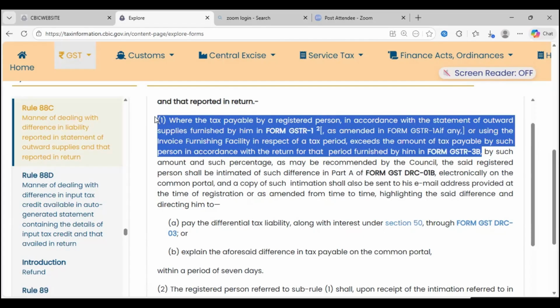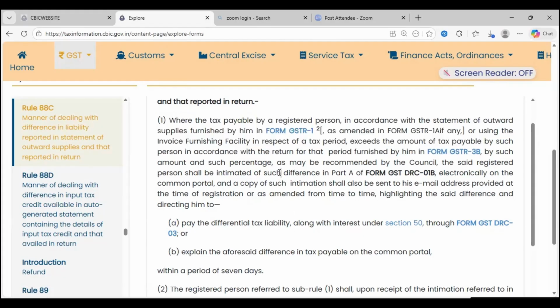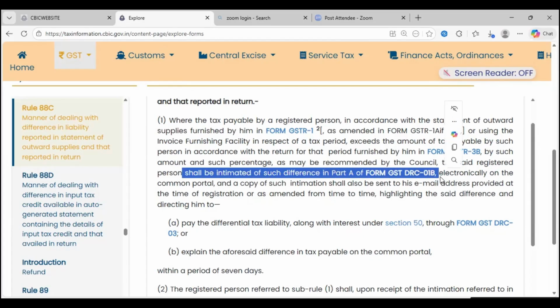So they are saying that the GST system is comparing GSTR1 and GSTR3B. My 3B is less compared to GSTR1. Then they say, by such amount and such percentage as may be recommended by the council, the said registered person shall be intimated such difference in Part A of DRC-01B.